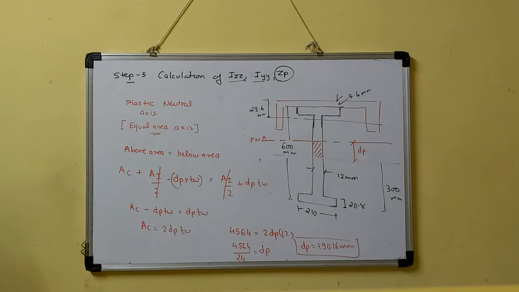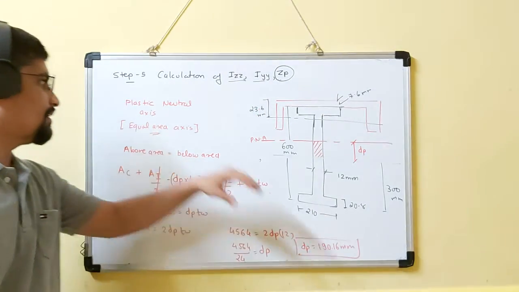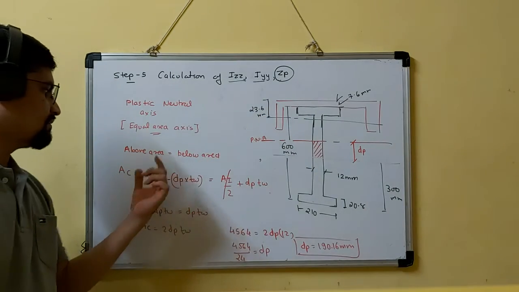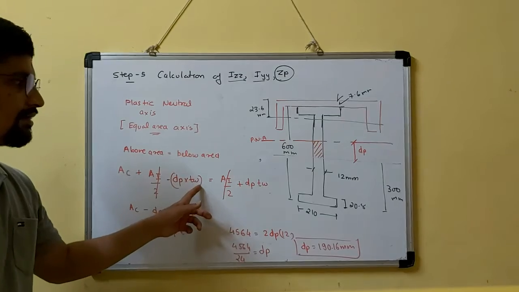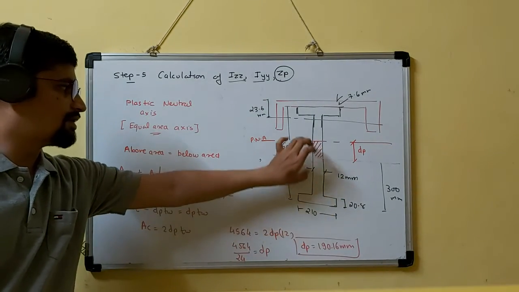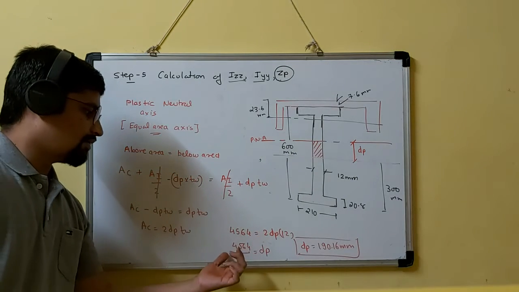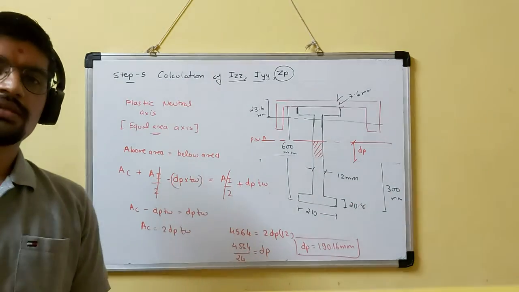I hope you understand. The PNA divides both sections into equal area. The above area is the area of the C section plus AI by 2, minus dP TW, which is equal to AI by 2 plus dP TW. By solving this equation, we get the value of dP, which is 190.16 mm.